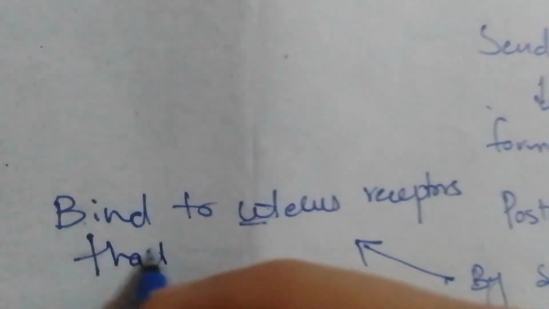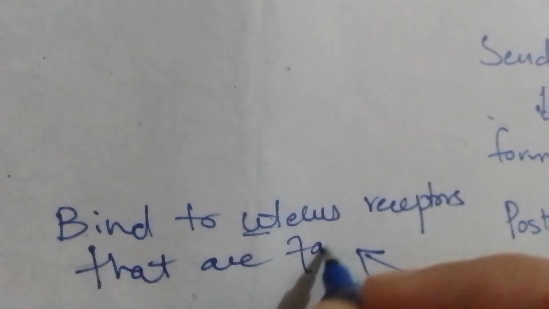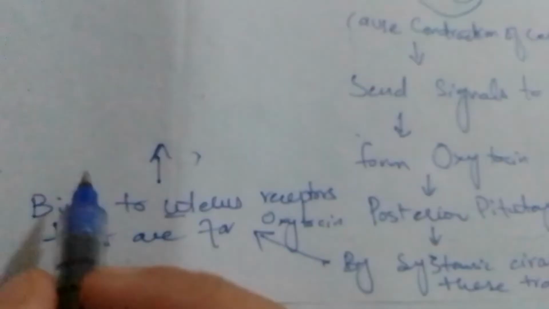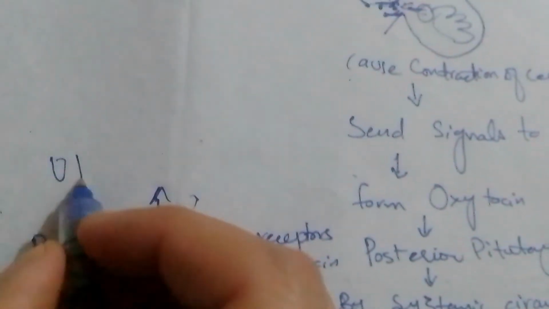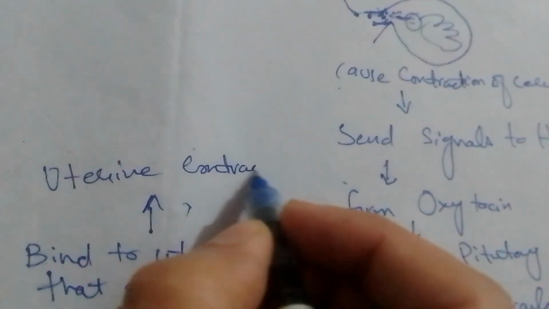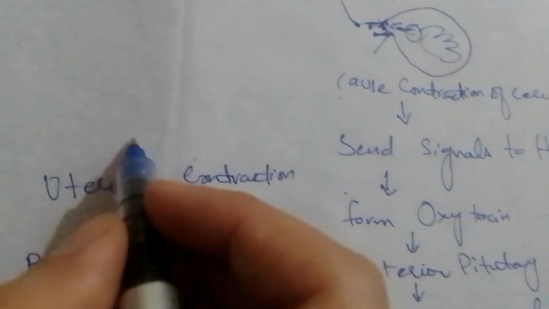This uterine contraction pushes the baby forward, which again contracts the cervix.